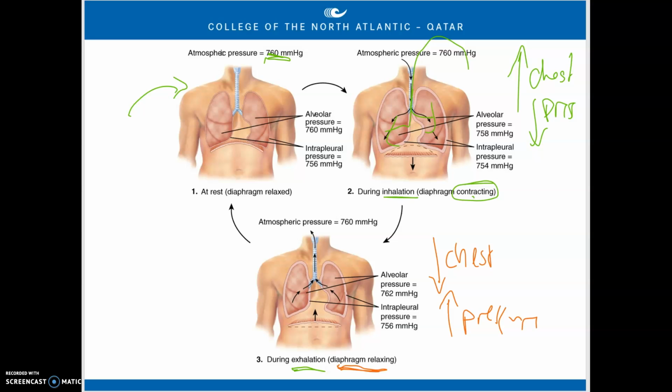When we do that, again, we've got a pressure gradient that is going to push the air from our lungs into the environment, and that's how we exhale. So those are the processes of physical respiration, where we bring gas into our lungs and we push gas out of our lungs.